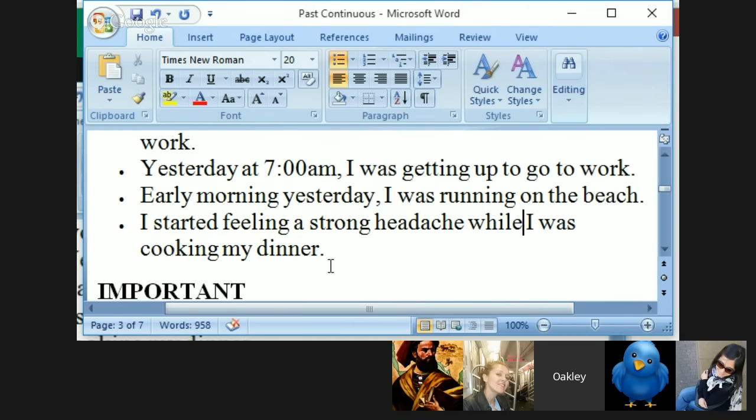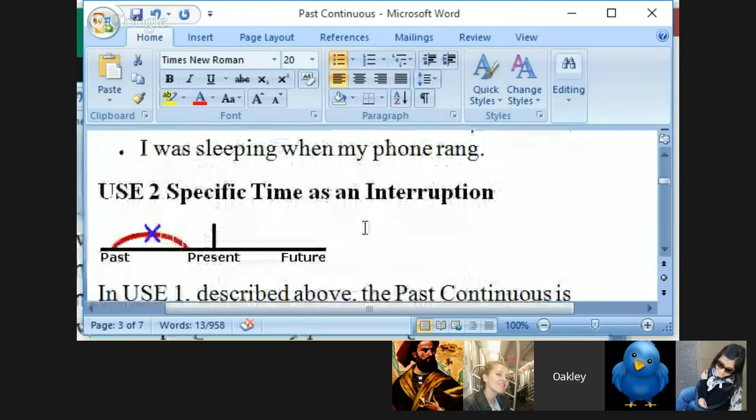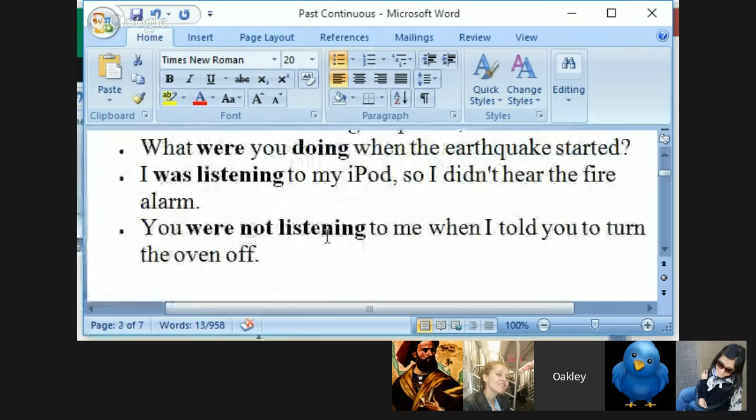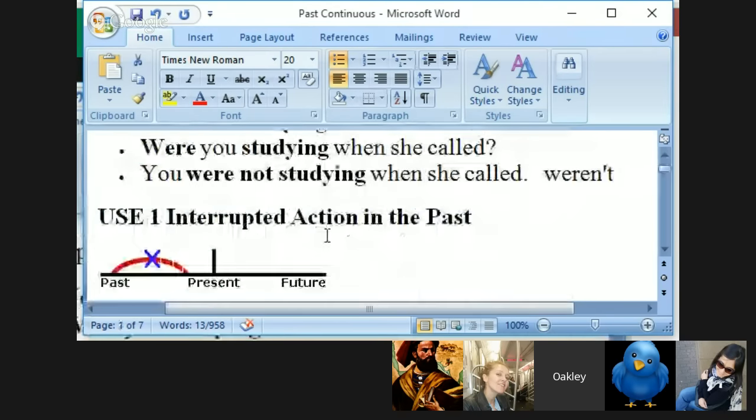Sounds better. And the other thing is, we were trying to get a specific time, at midnight yesterday at this time. There's no specific time here. So this is a fine sentence, but it's not this use. It's use number one, an interrupted action.